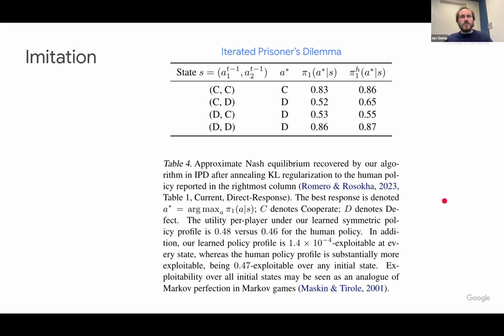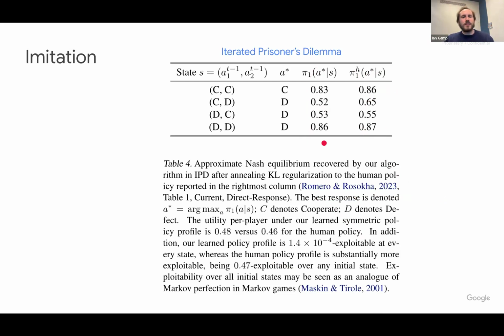We're doing KL divergence to the occupancy measure that we extracted from that paper. This is the iterated prisoner's dilemma. The rightmost column is the human policy from that paper, and in this column is the learned profile.